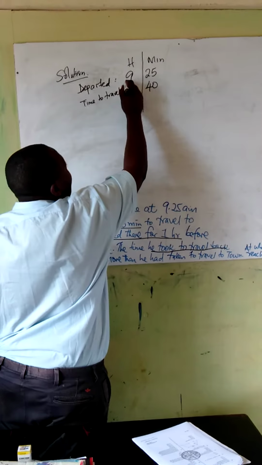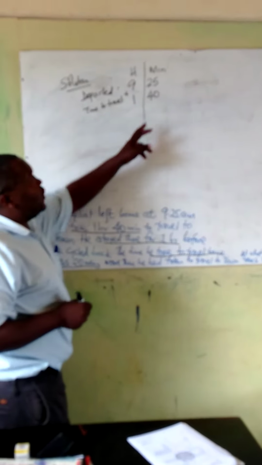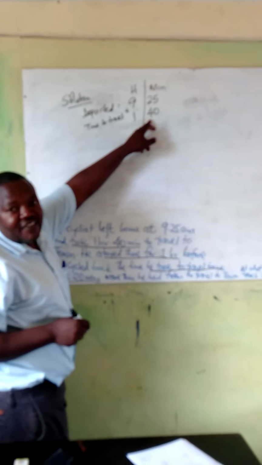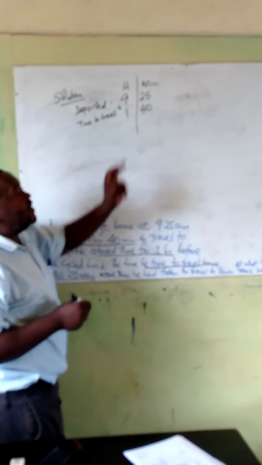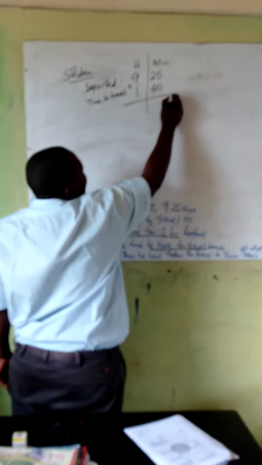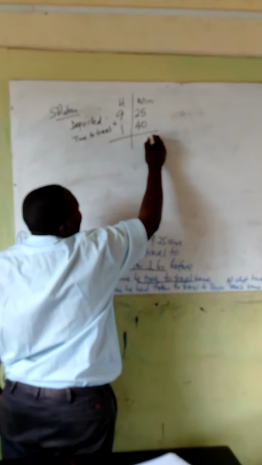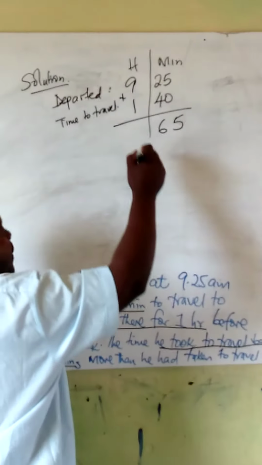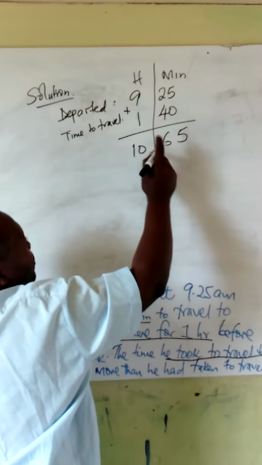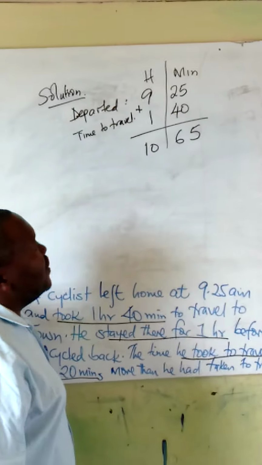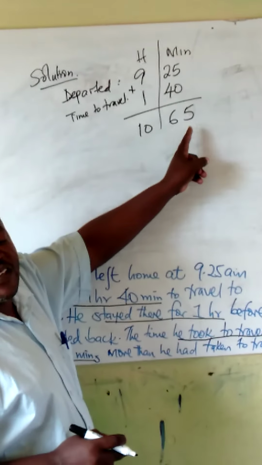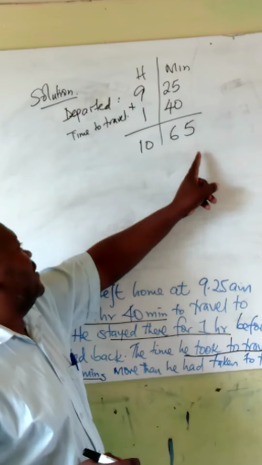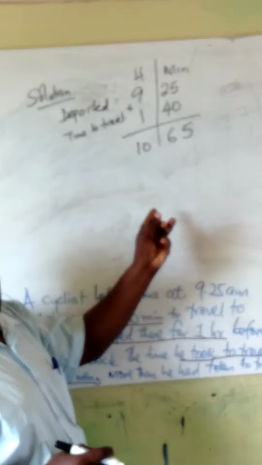So we need to add these two. And remember, when we are adding, anything past 60 minutes is converted into an hour. So when we add these two, this becomes 5, this becomes 6, and then this becomes 10. But past 59 minutes becomes an hour.